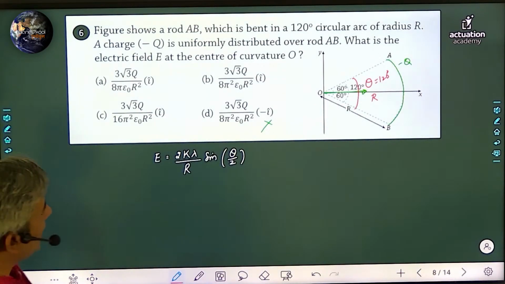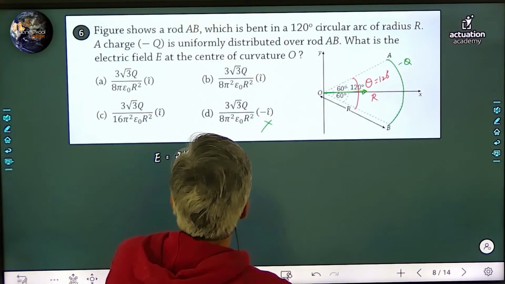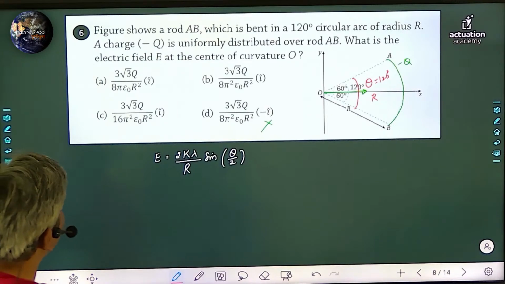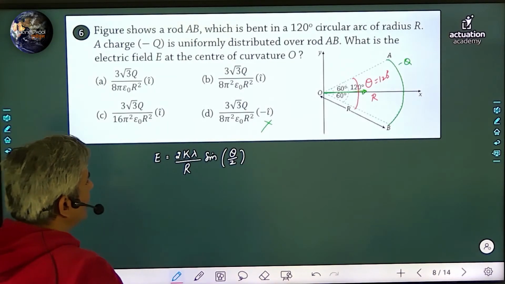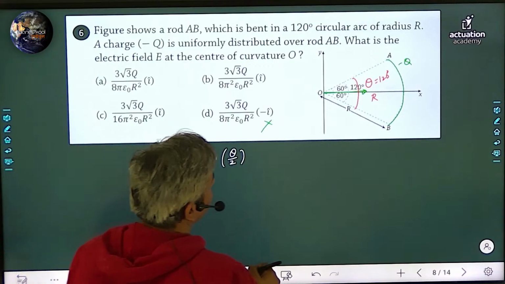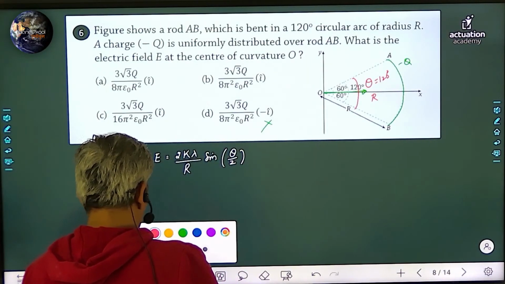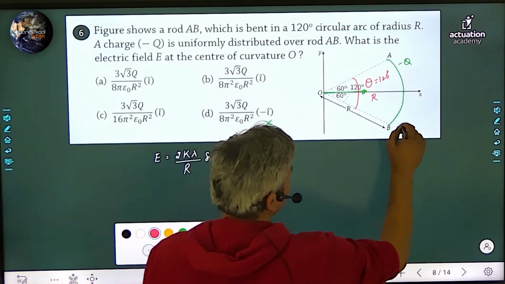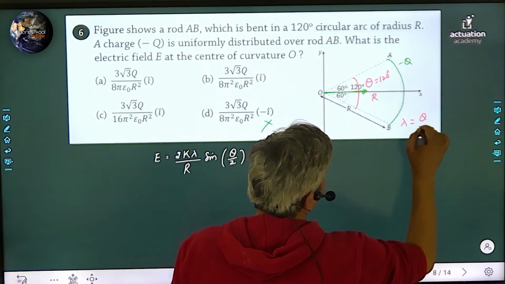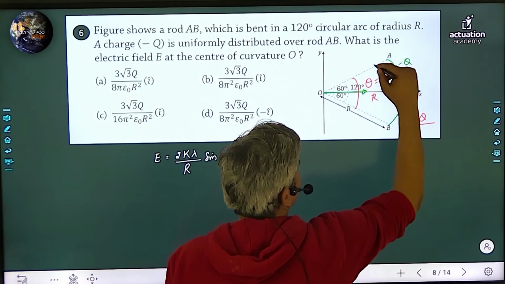So now let's put the value of lambda here. Lambda is nothing but total charge over this length AB.